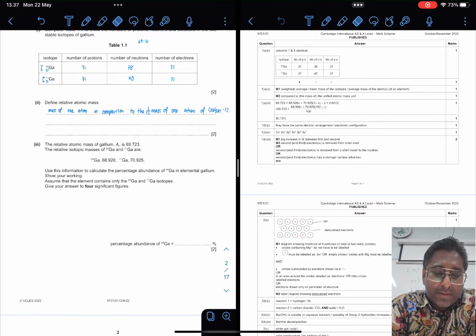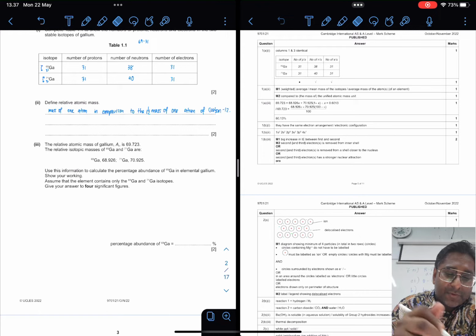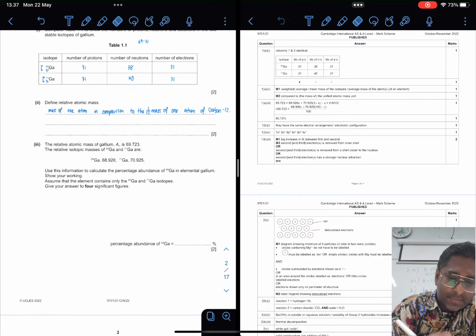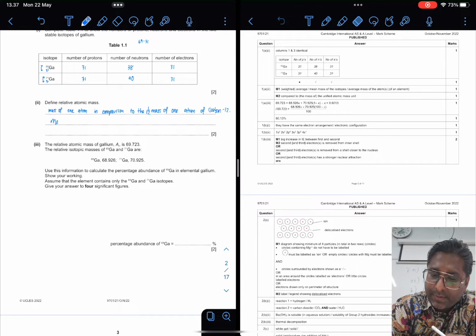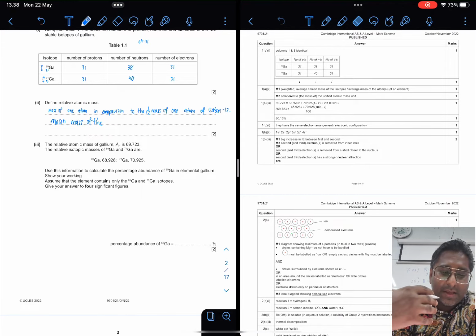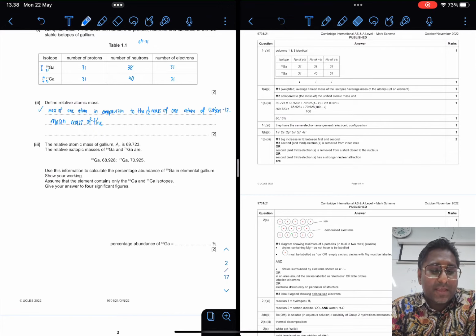According to the marking key, it is the mean mass of the isotopes. I feel my version is better, because they didn't ask for relative isotopic mass.